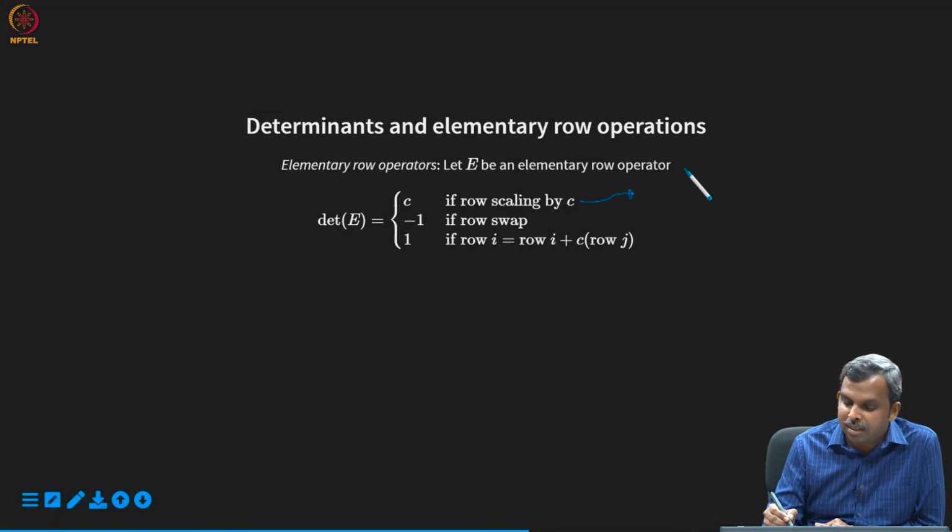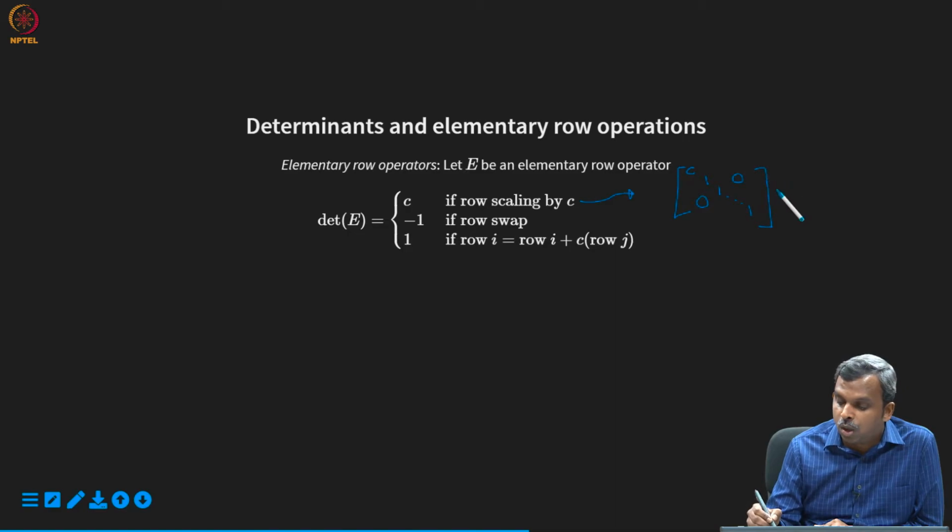So what is the matrix corresponding to row scaling by C? Let me say the first row is scaled by C, everything else remains the same. So you get a diagonal matrix with 1 on all the other terms except for the first row where that's C. Now the C could be any other place also, but let's say it's in the first place. Now how do you get to this?